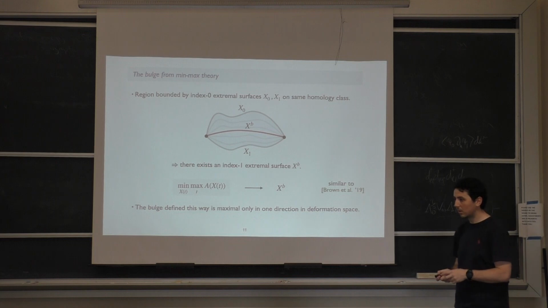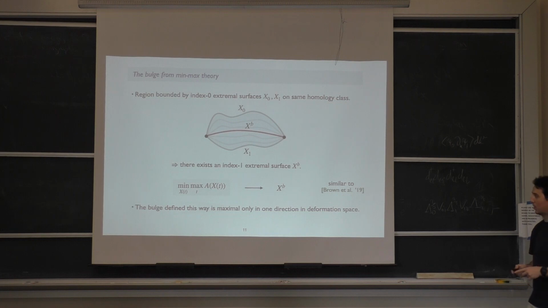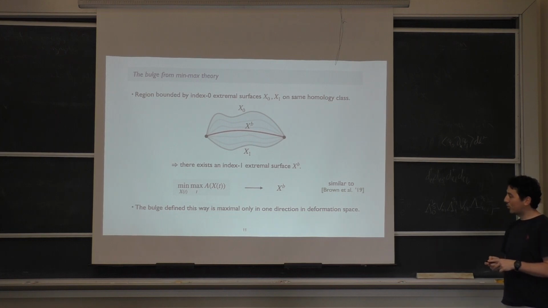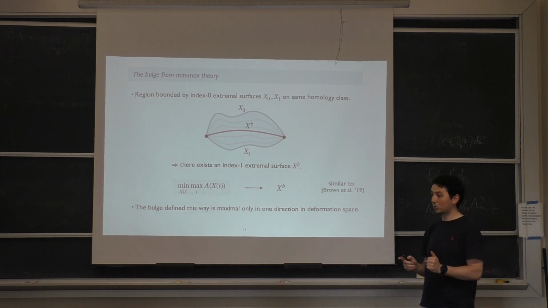And to your knowledge, there's no theorem proving anything like that for other than index 1? Well, that's a good question that we were thinking about at some point. There could be a situation in which, in between two index 1 surfaces, there must exist an index 2.